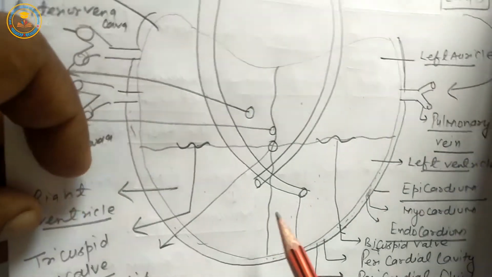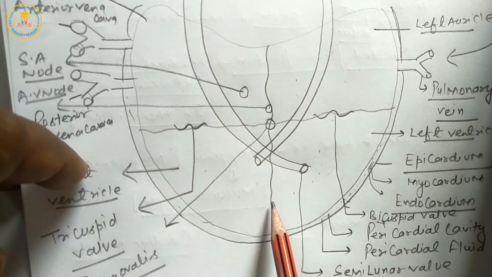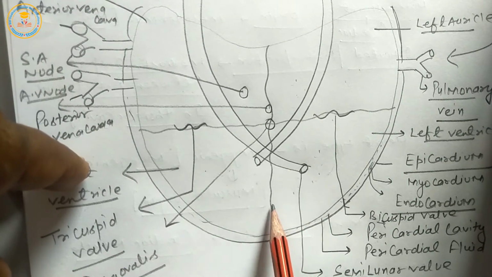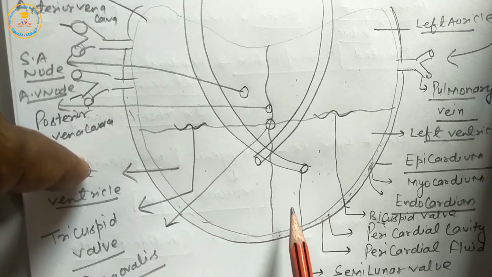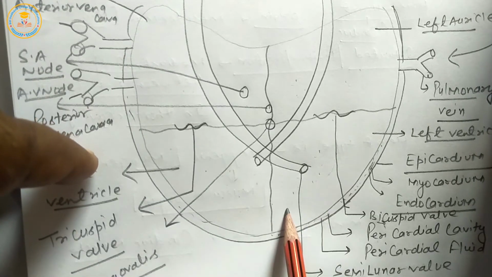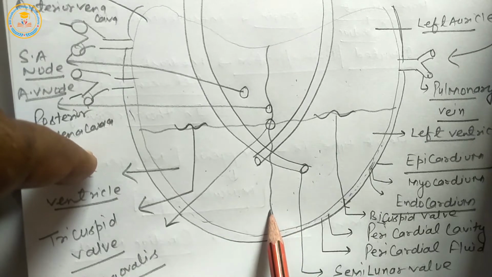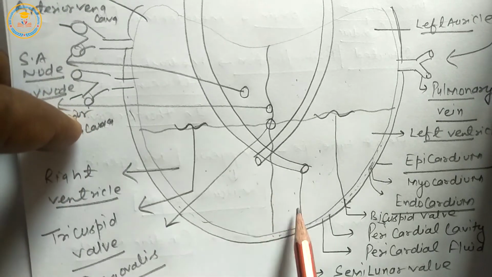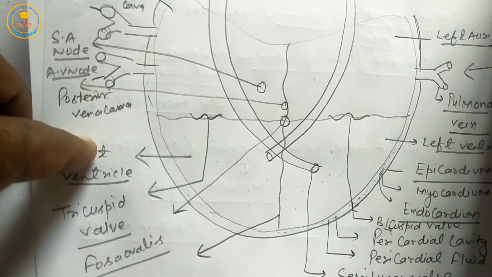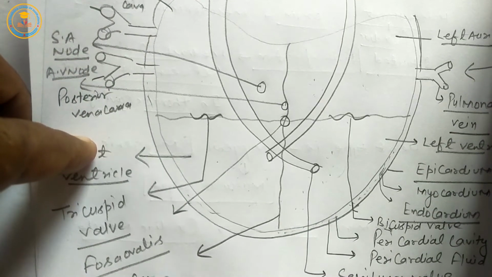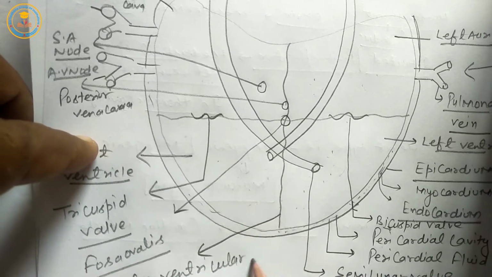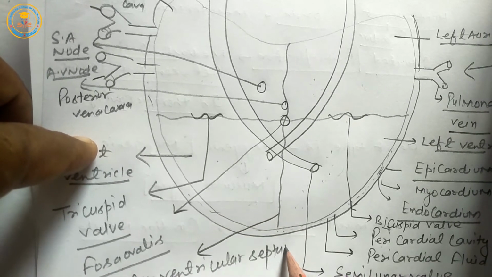Next is the septum. This is a barrier. This septum is located between the right ventricle and left ventricle. It is called the interventricular septum.